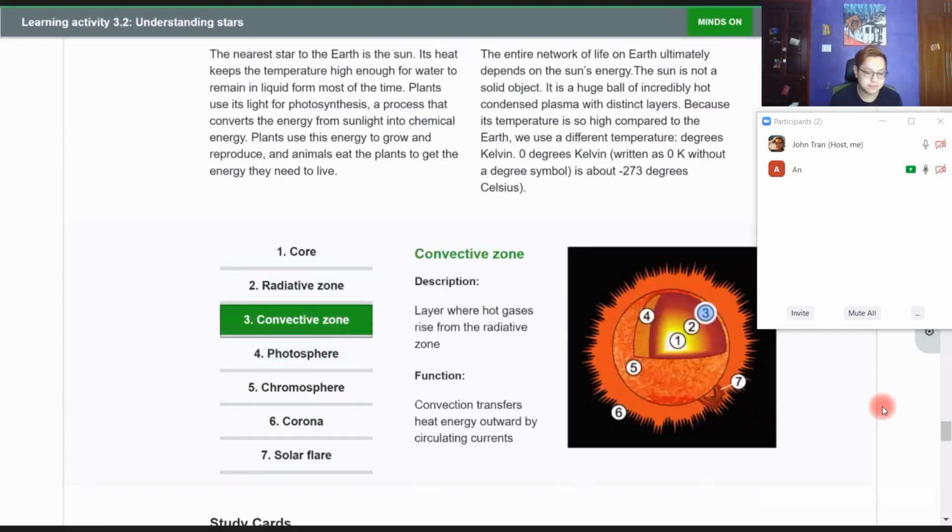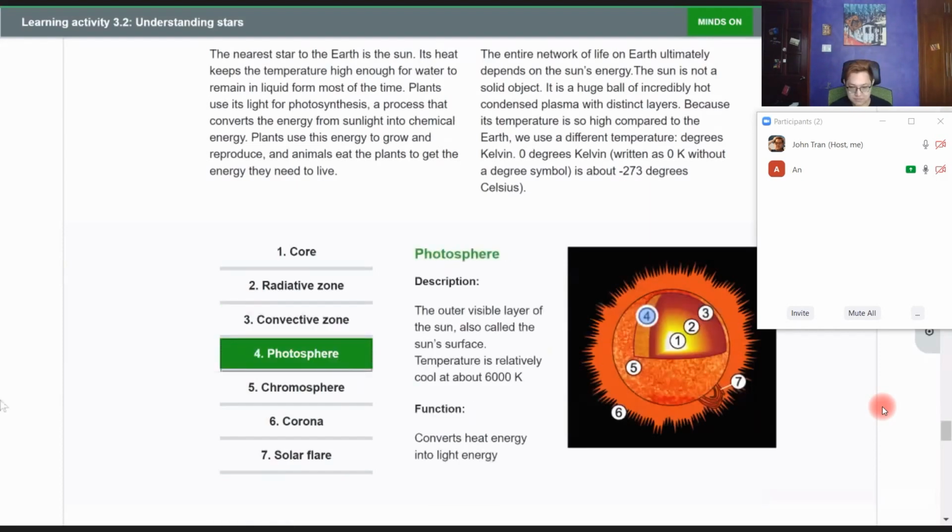3. Convective zone. Description: layer where hot gases rise from the radiative zone. Function: convection, transferring heat energy outward by circulating currents. 4. Photosphere. Description: the outer visible layer of the sun, also called the sun's surface.